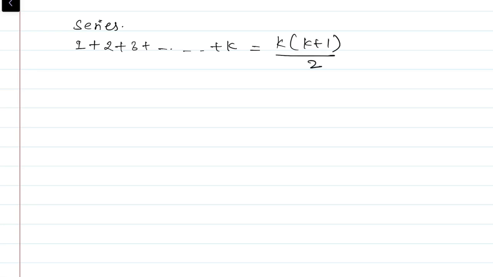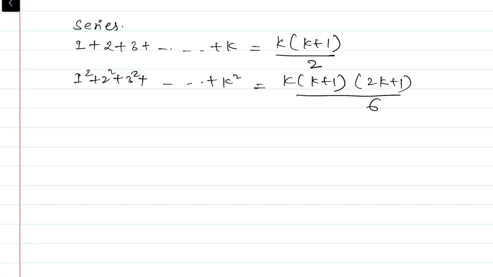So when terms are in series, the sum of the series is, for example, when the series is like this up to k, the sum is k times k plus 1 divided by 2, and when it is squared, the sum becomes k times k plus 1 times 2k plus 1, whole divided by 6.